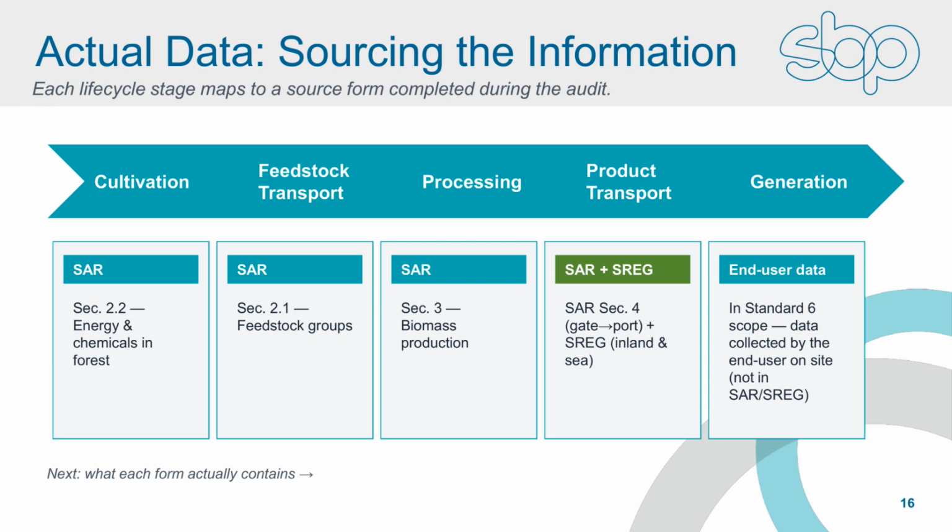Generation. This stage is in scope for Standard 6, but is not captured in the SAR or SREG. Instead, the data is collected directly by the end user on site, since combustion conditions and efficiency are specific to each generating facility. The italic line at the bottom signposts the next slide, which breaks down what each form actually contains.